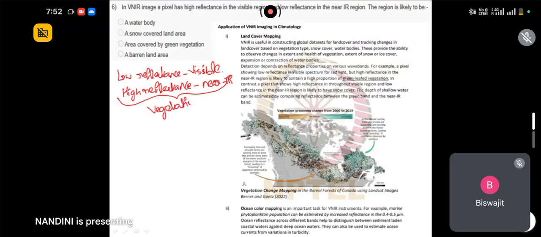Low reflectance in the sense it absorbs most of the visible radiation that is incident on it, whereas it is reflecting back the near infrared radiation. So this corresponds to vegetation.